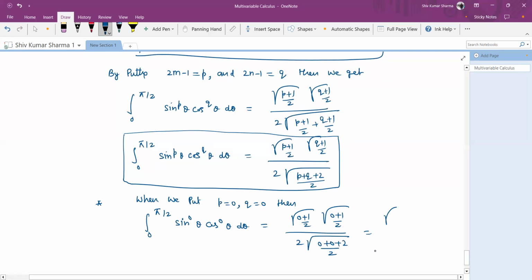So first gives us gamma 1 by 2, second also gives us gamma 1 by 2, upon 2 gamma 2 upon 2. The 2 upon 2 means gamma 1.